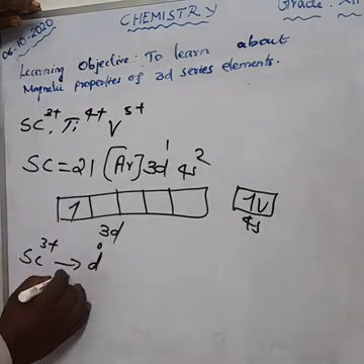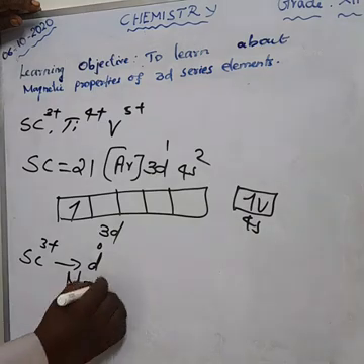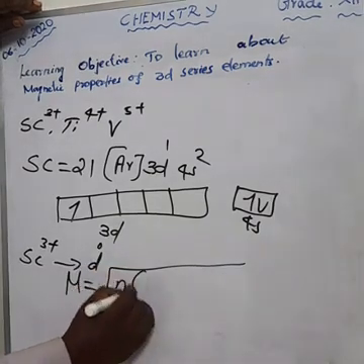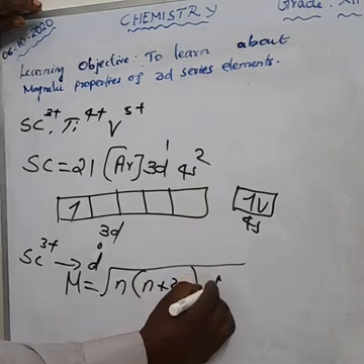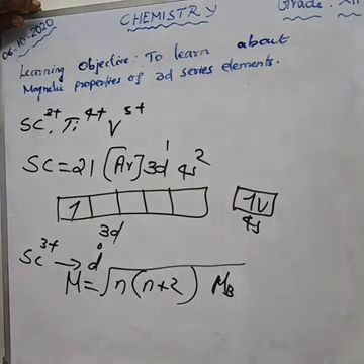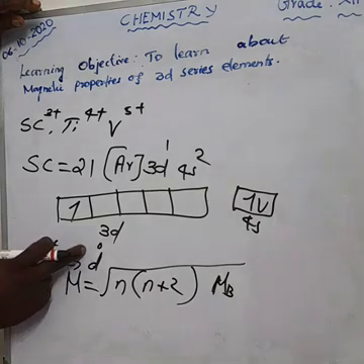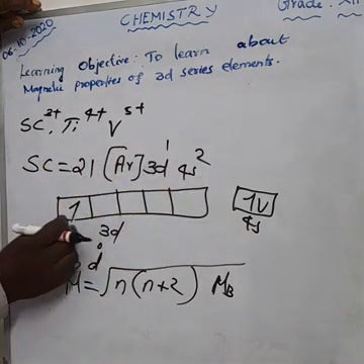So we can write mu. What is the formula for mu? Mu is equal to root of n into n plus 2 Bohr magneton, that is mu B. Here we get the configuration d0.